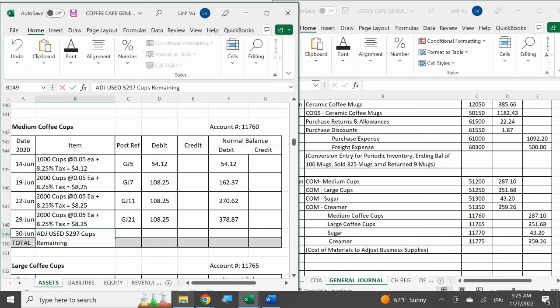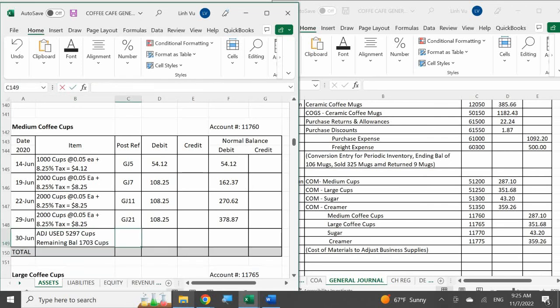If I have purchased 1,000 plus 2,000 plus 2,000 plus 2,000, that is a total of 7,000 cups. If I sold or used 5,297, it gives you 1,703, a remaining balance of 1,703 cups.